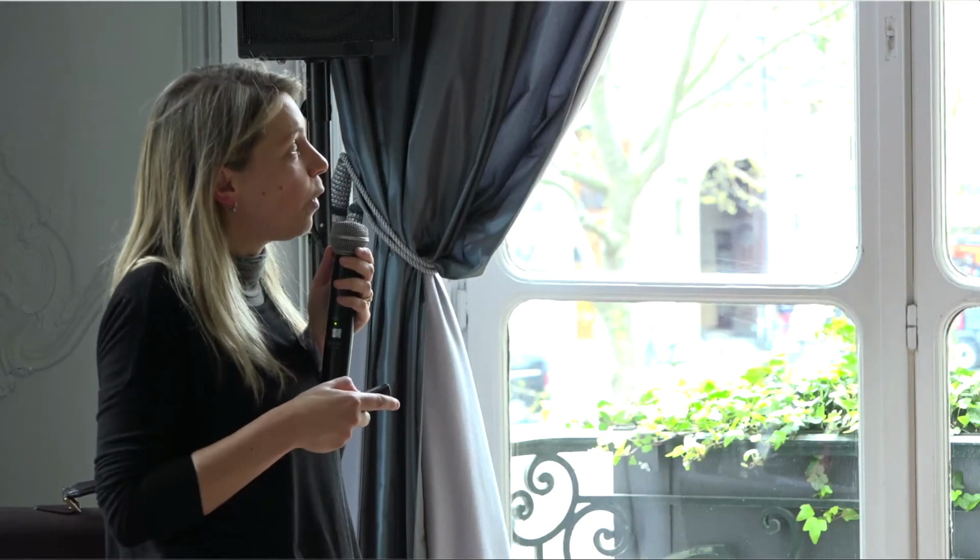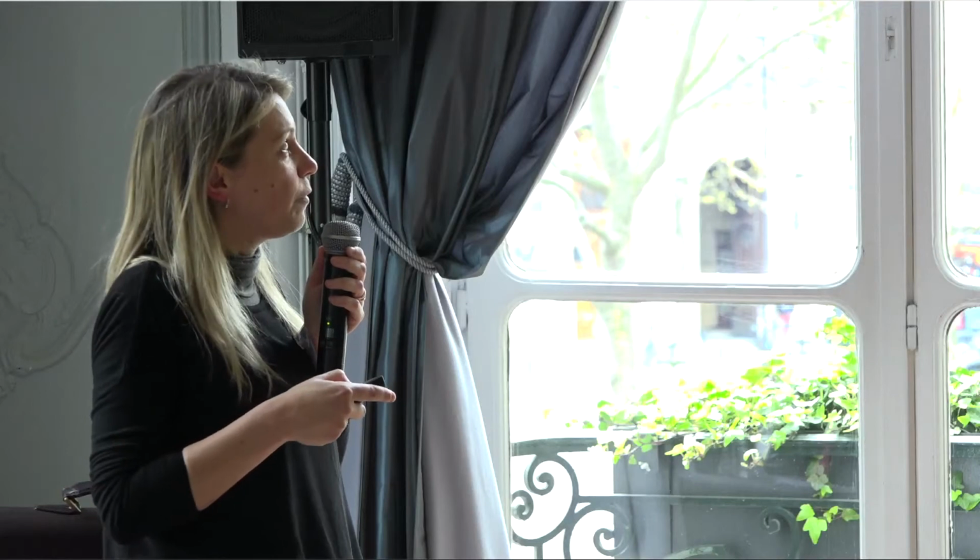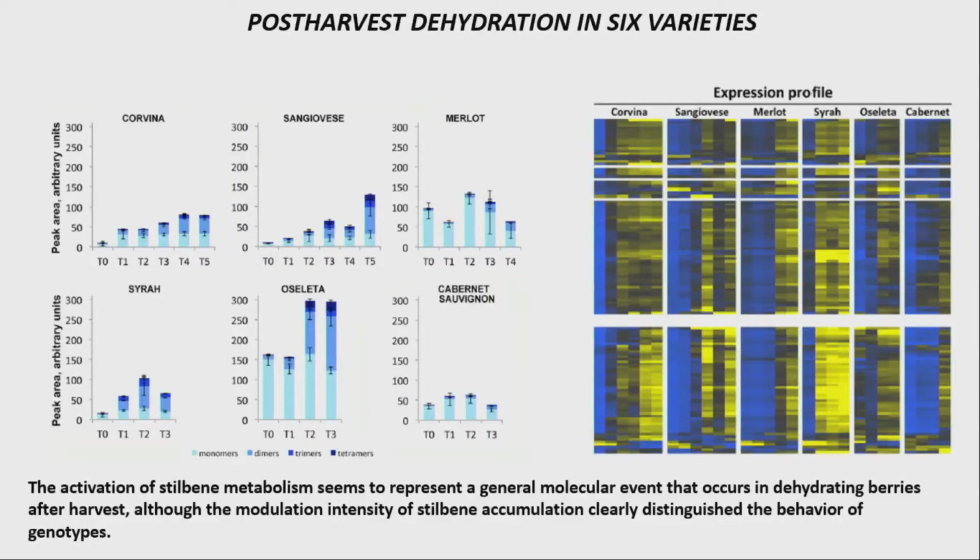In particular, we focused on the stilbene metabolism. In this part of the graph, we can see the accumulation of resveratrol and its polymeric forms in the 6 genotypes over time. In this part of the slide, we can see the expression of genes that are involved in the synthesis and polymerization of resveratrol.